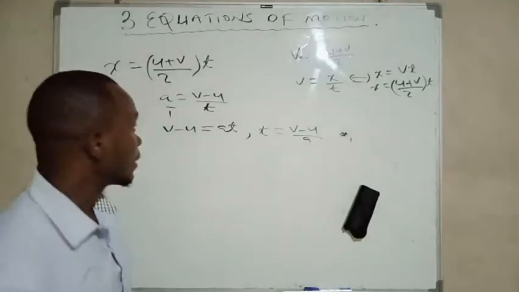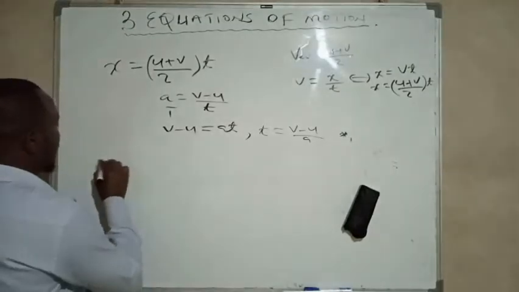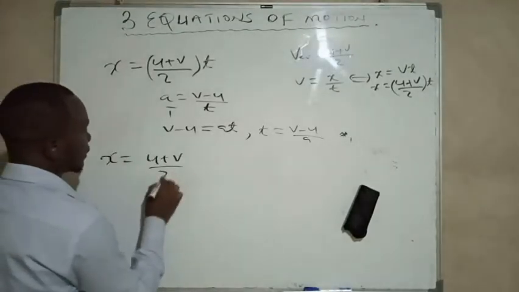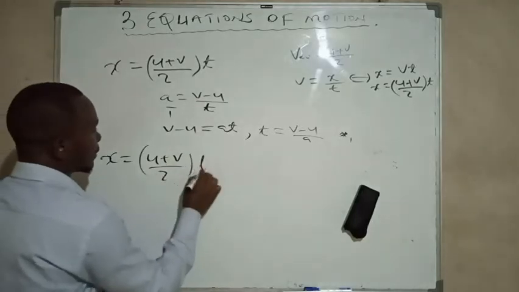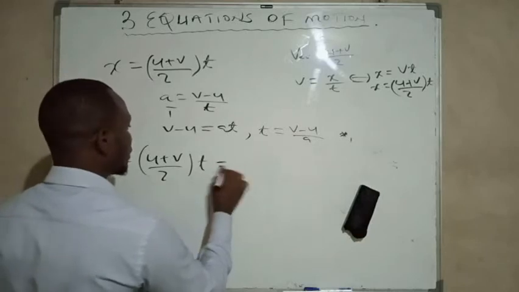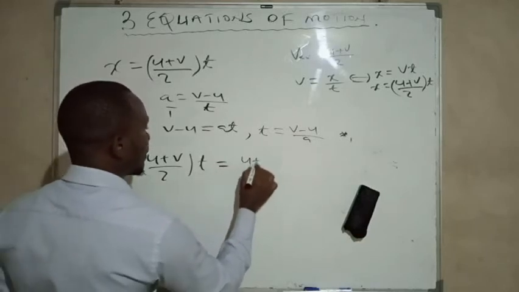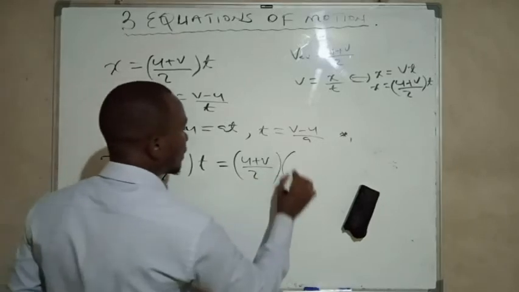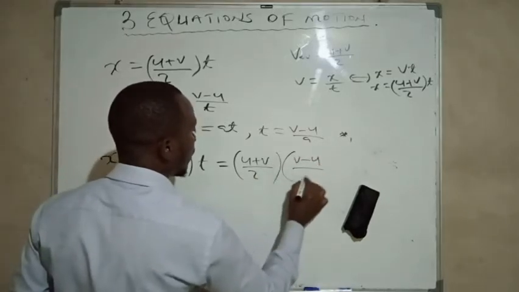And so from this, we have x is equal to u plus v over 2 times t. So if we put this into this expression, we're going to have u plus v over 2 times v minus u over a.